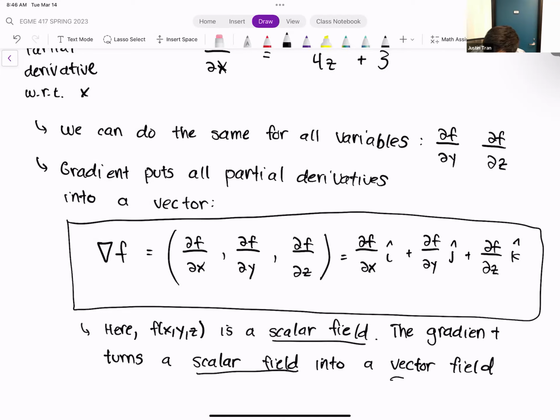When you take the gradient of a scalar field, you end up with a vector. Okay, so you increase the dimensionality by one.